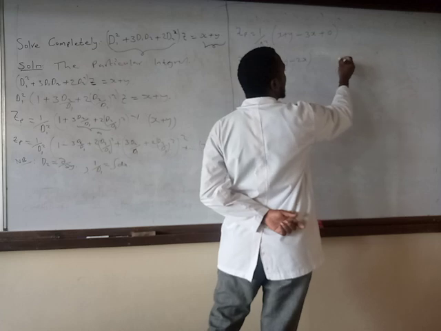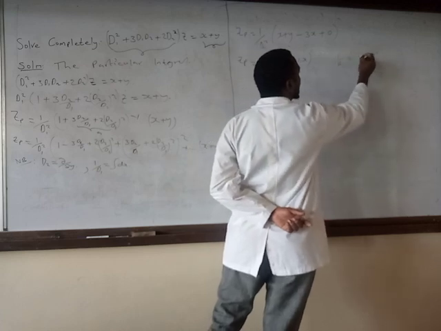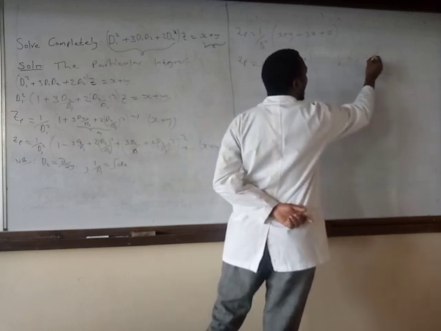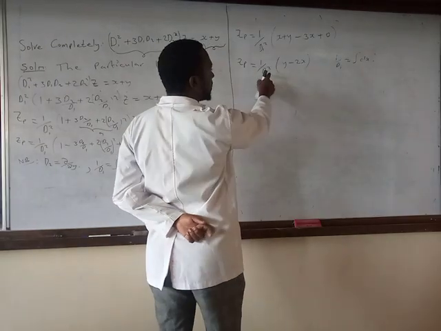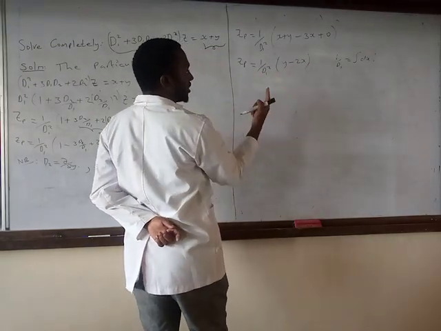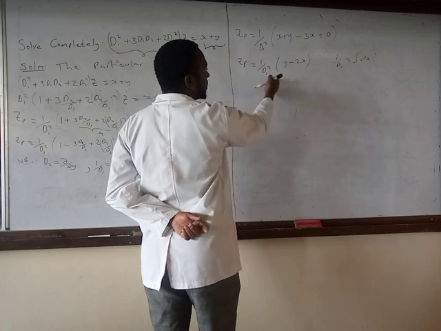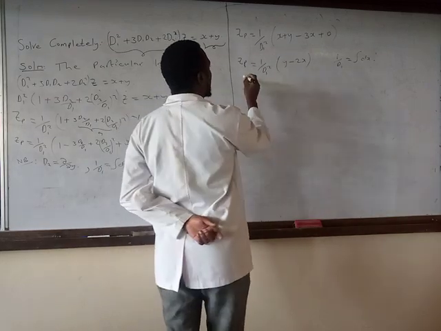Having y minus 2x, we said that 1 over D1 is just the integral with respect to x. Now we have to integrate twice so as to get rid of this D1 squared.